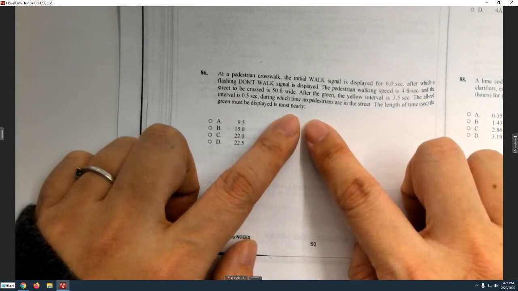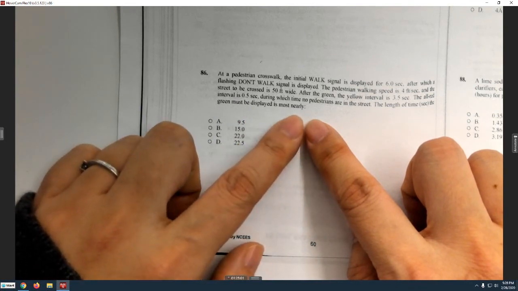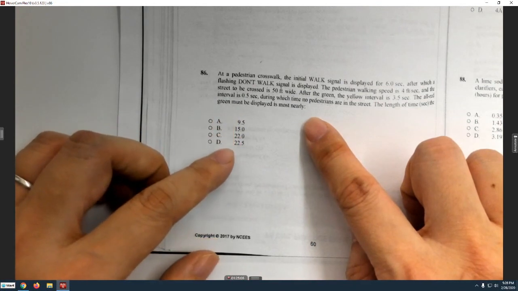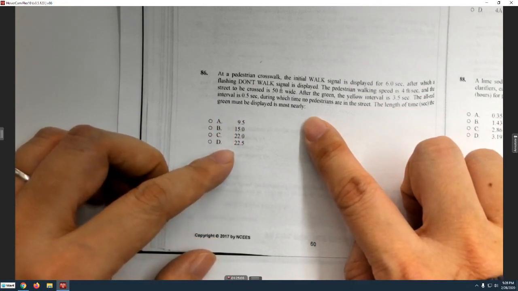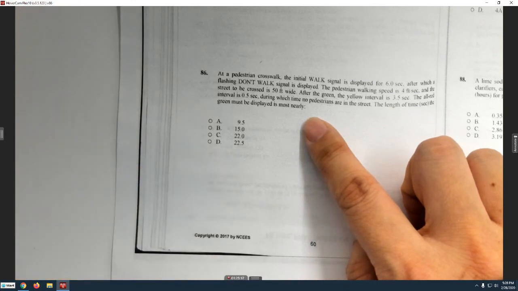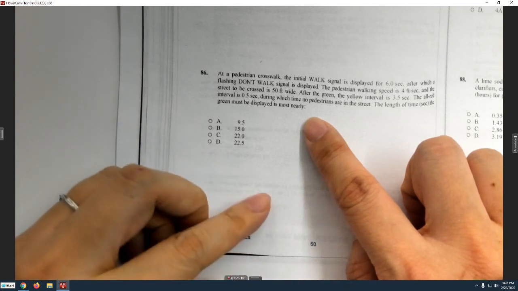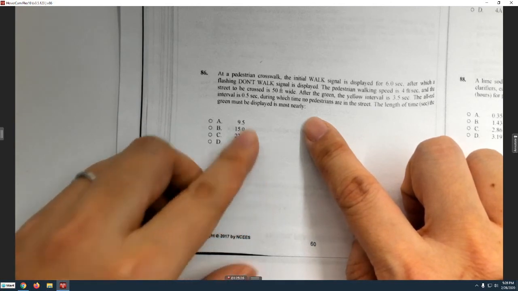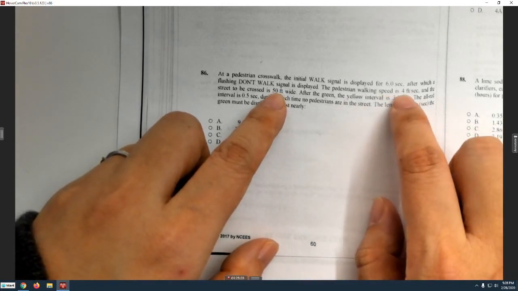That means the pedestrian must be able to go across the street within the effective green time. So the walk time plus the time it takes for the person to go through this intersection. 50 divided by 4 is 12.5.